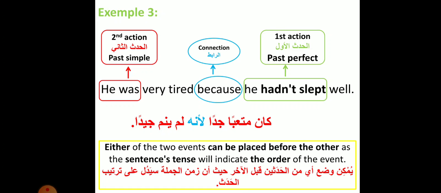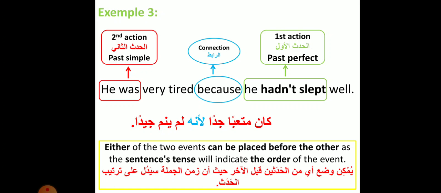So he was very tired, this is the second action, because he hadn't slept well. He hadn't slept well is the first action, and we conjugate it in the past perfect. Verb to sleep.